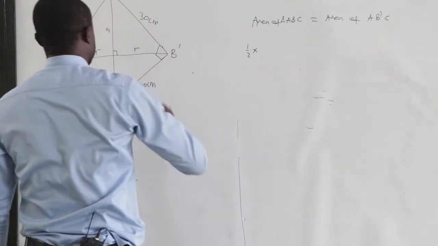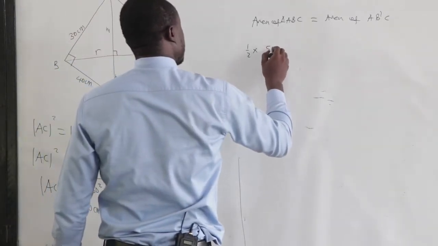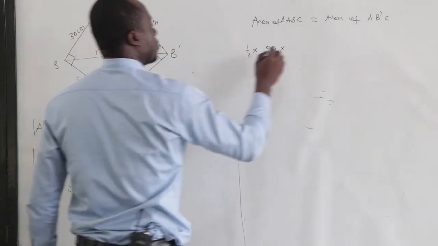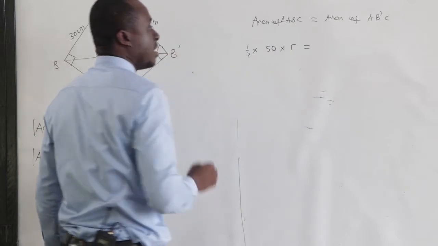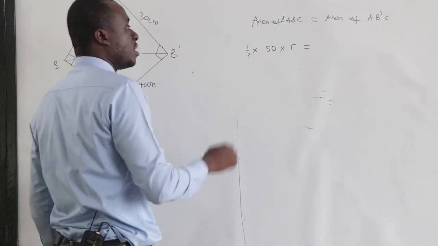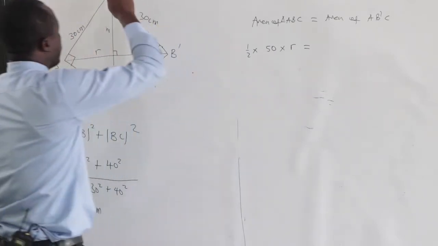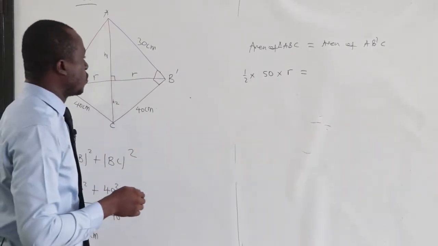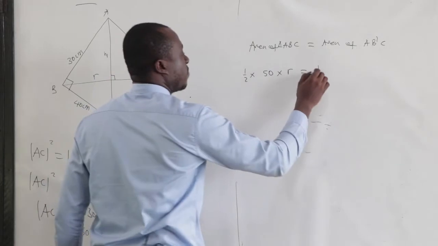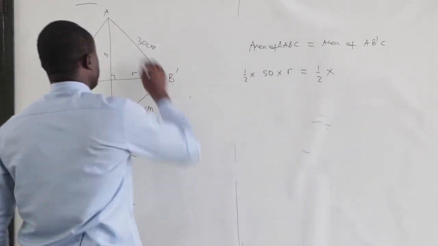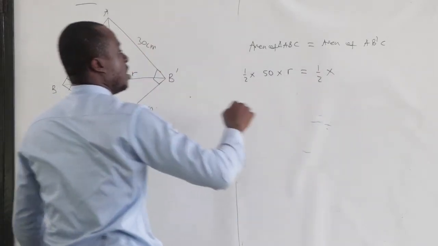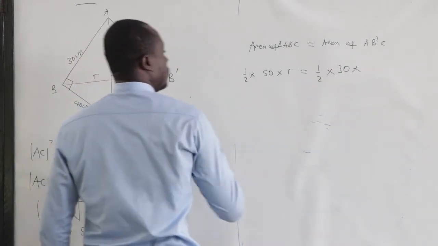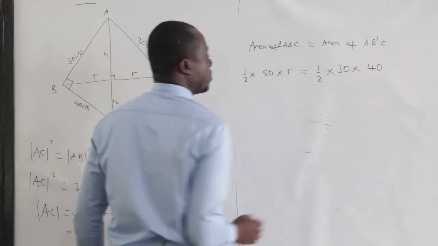Let's use AC as the base, which is 50, times the height. The height is the radius, which is R. And this must be equal to the area of the other triangle. Now, this is a triangle, so AB and then BC. So we can say half times the base. Let's use AB as the base, so times 30, and then the height, let's use BC, that is 40.